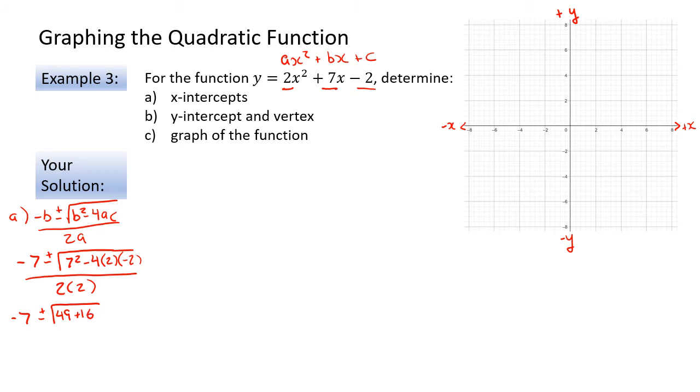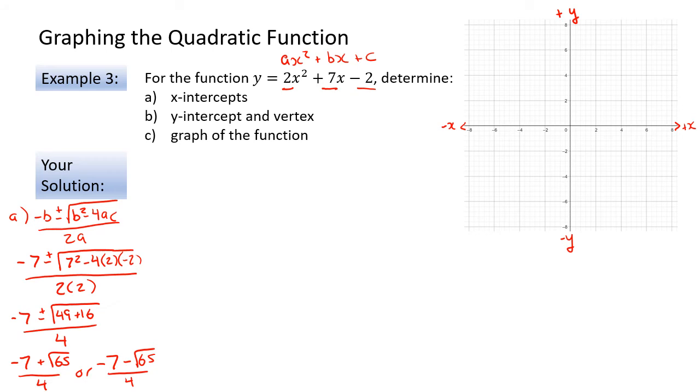So this ends up being plus 16, all divided by 4. So what this means is 49 plus 16 is 65. So our roots are either negative 7 plus root 65 divided by 4, or negative 7 minus root 65 divided by 4.